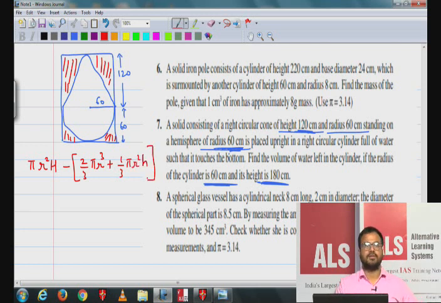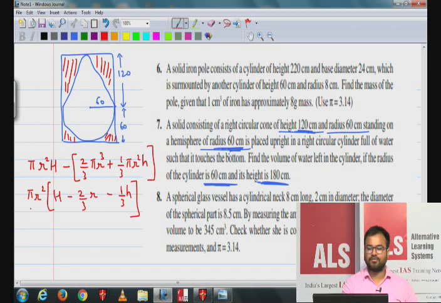This is the expression we have to simplify. You can take pi r square common, so you will be left with capital H minus 2 by 3 r minus 1 by 3 small h. This is the expression we have to simplify. Are you getting it now?